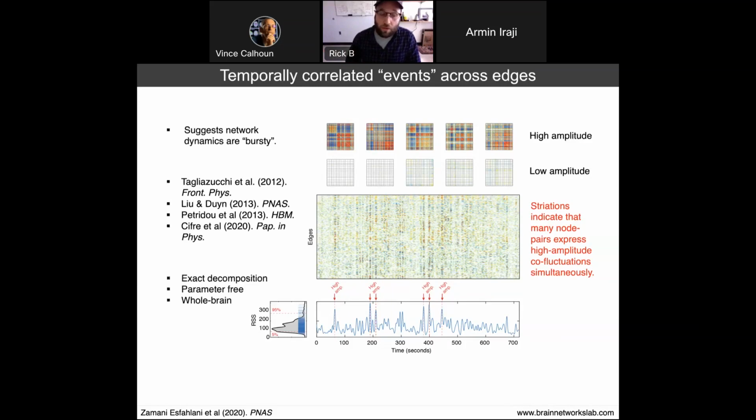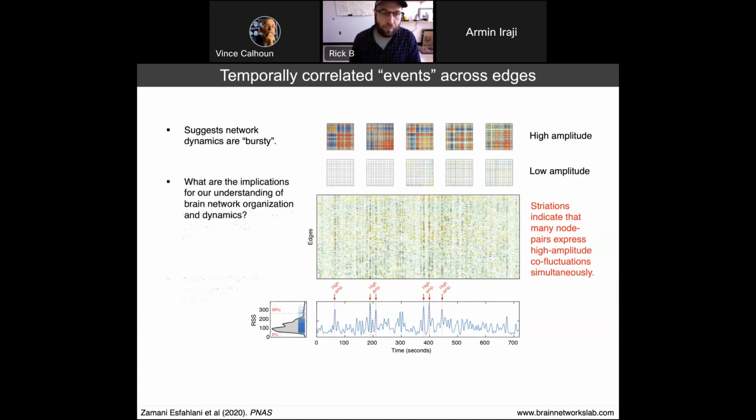But I will point out that our approach, which I think makes it distinct from these others, is a precise mathematical decomposition. It is parameter free. There's no threshold for an event. We don't have to specify a seed region, for instance. So it gives us a little bit of, I think, above and beyond what some of these other very nice papers have contributed.